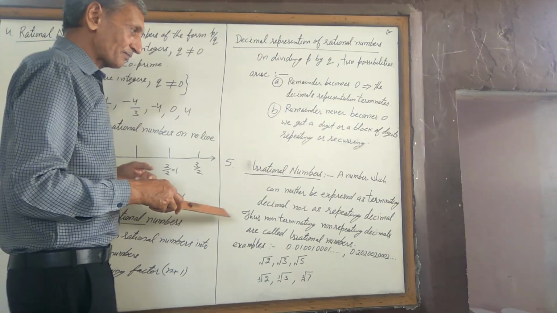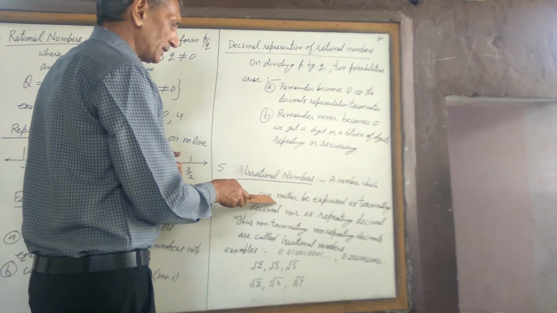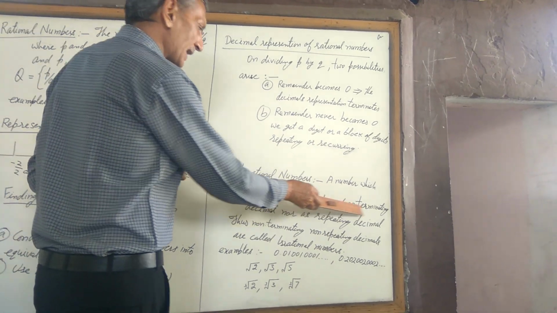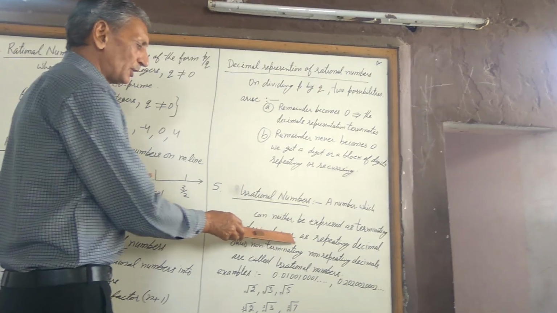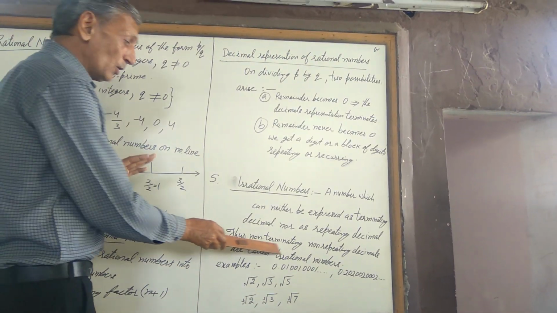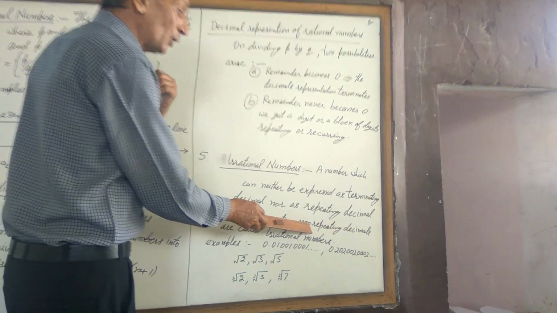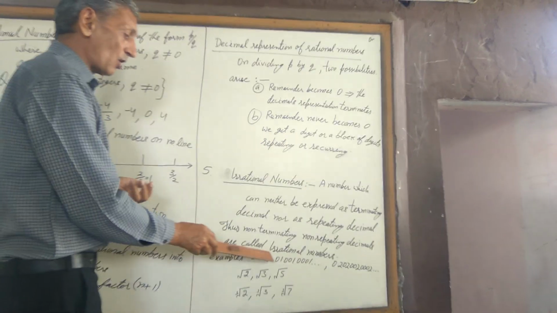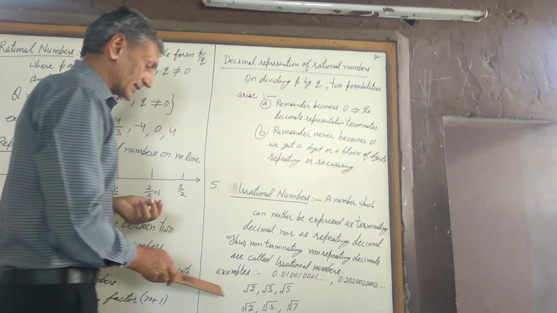That means they can neither be expressed as terminating decimal nor as repeating decimals. Thus, non-terminating and non-repeating decimals are called irrational numbers.